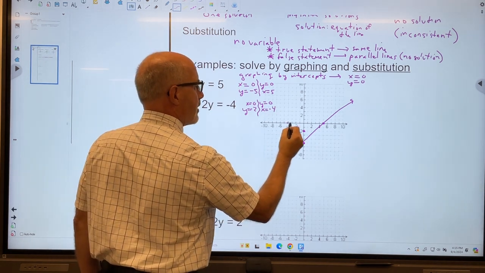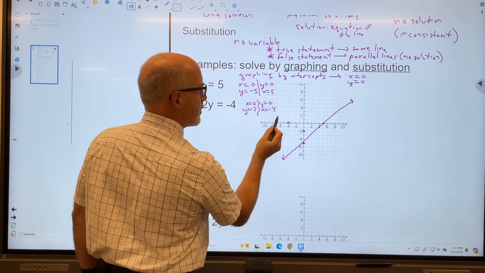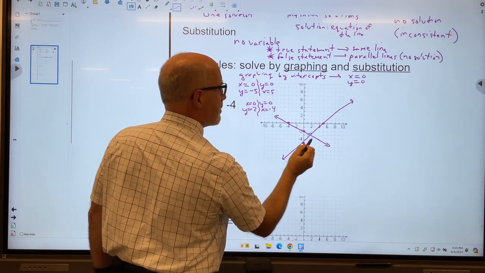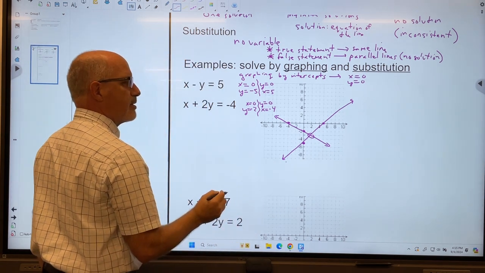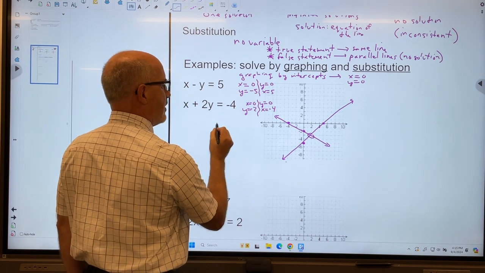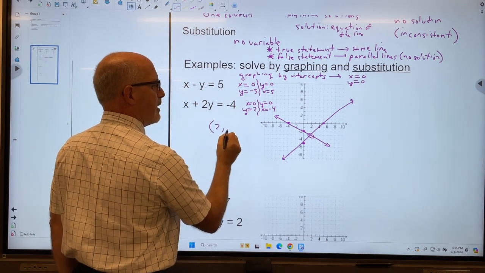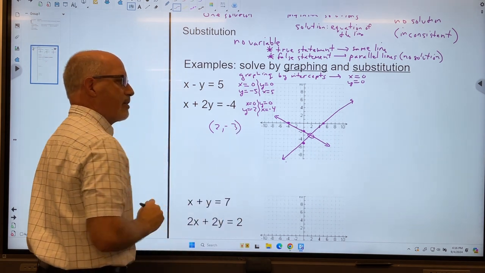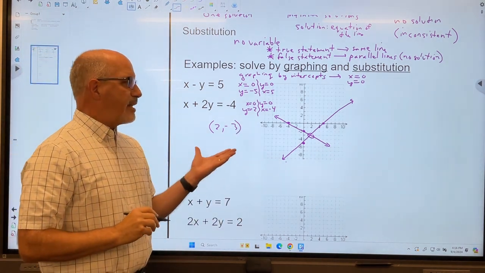So when I draw this one, I get a graph like that, and there is my intersection point. The intersection point is (2, -3). All right, so that's how you do it by graphing.